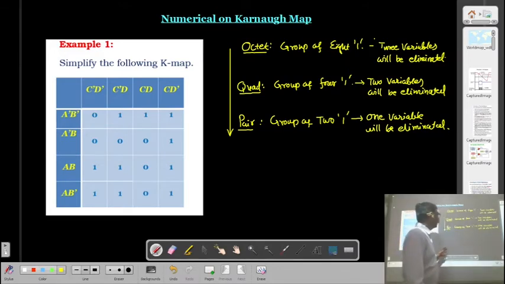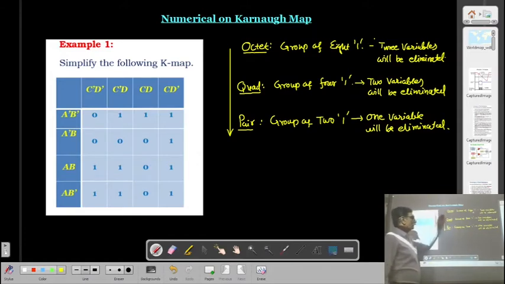So, whenever the Karnaugh map is there, first of all, you have to find where the octet is. What is the octet? Octet means a group of 8 high levels. Once you find this, automatically 3 variables are going to be eliminated and your circuit will have only 1 variable.